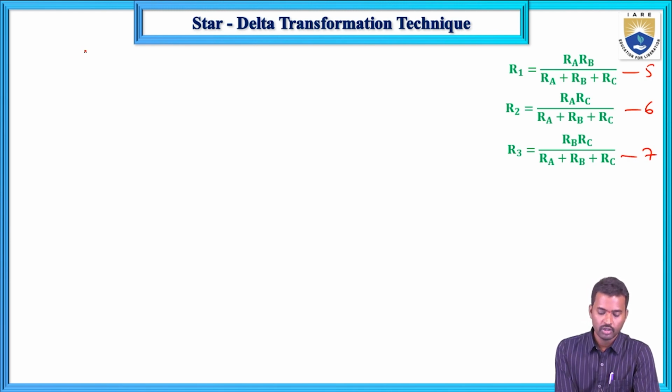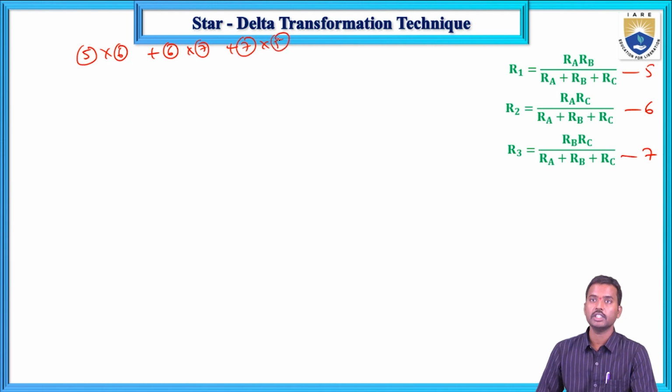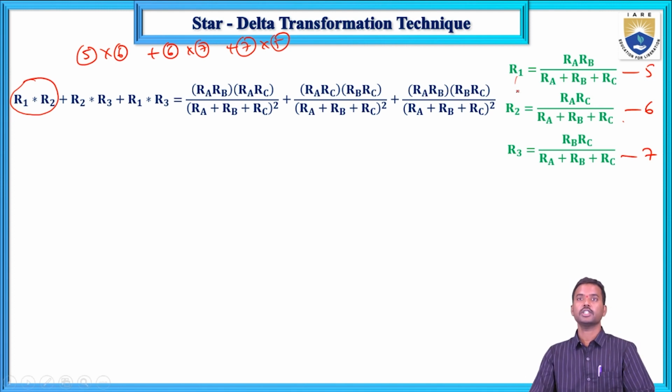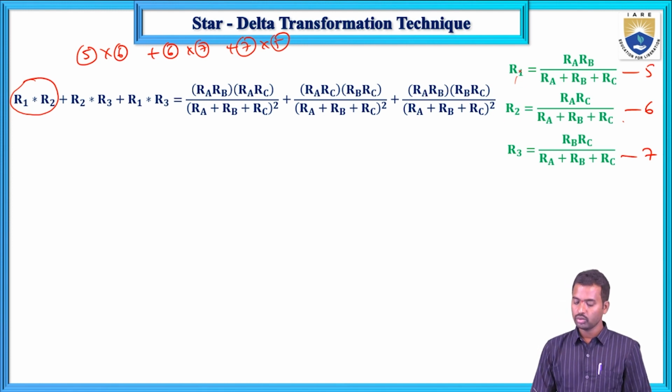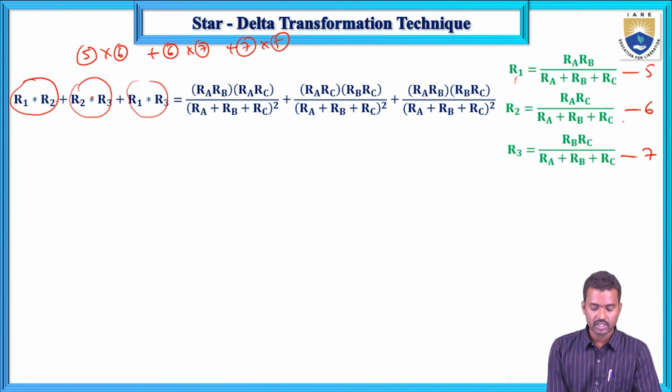What you will do first: 5 into 6 plus 6 into 7 plus 7 into 5. If you do this, LHS is R1 into R2 plus R2 into R3 plus R1 into R3, that is 5 into 6, 6 into 7 and 7 into 5.